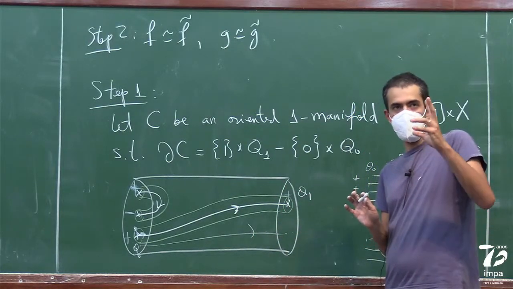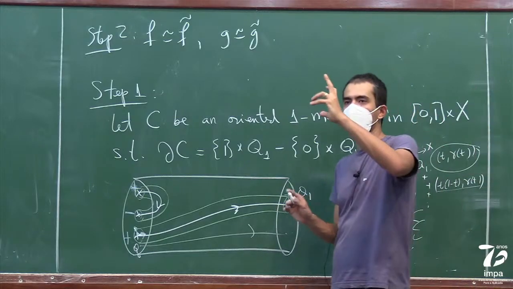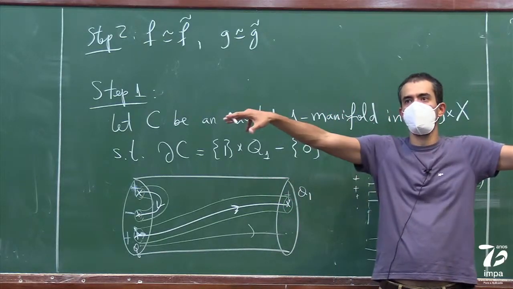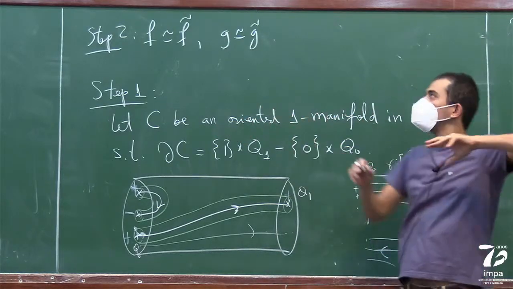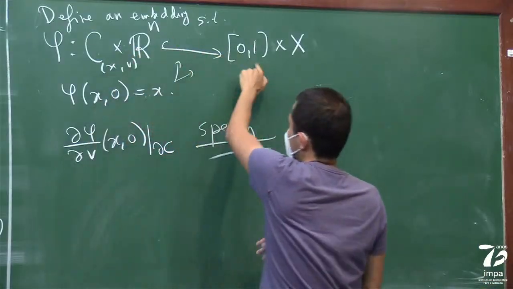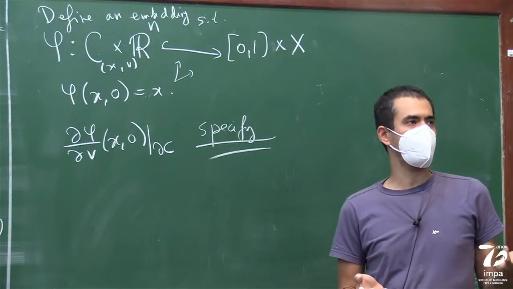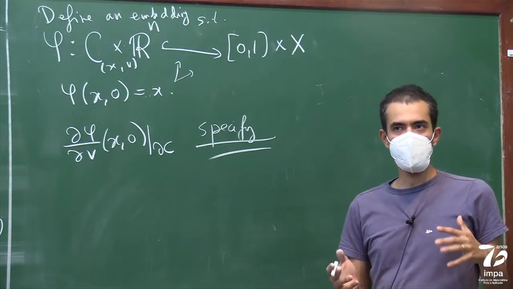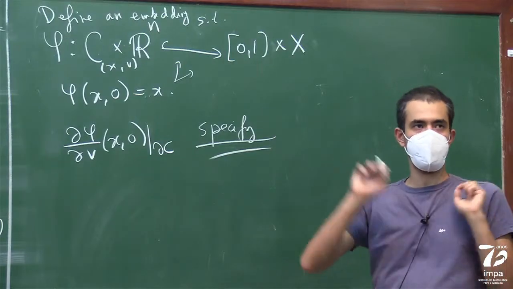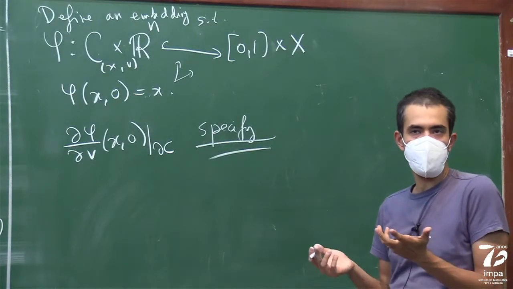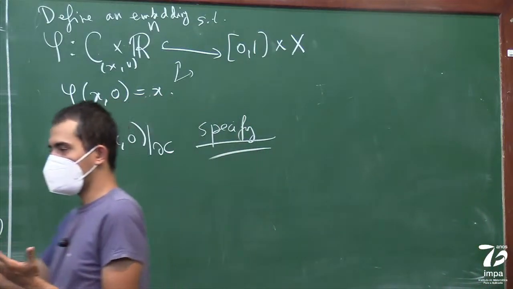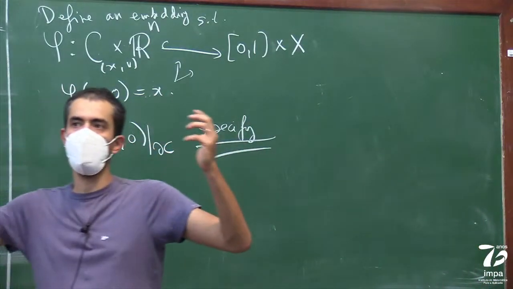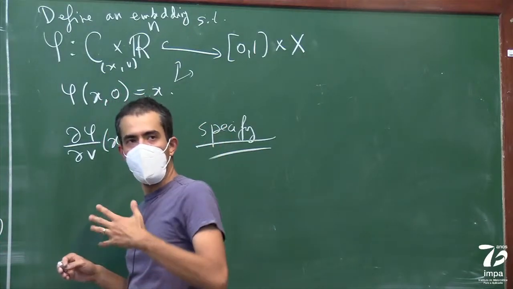Once you have a choice of bases along the path, you can use the exponential map from Riemannian geometry, and the exponential map will give you this embedding of this guy into here. I don't know if everybody knows the exponential map, but it is just what happens when you take the geodesic. If you don't know about exponential maps, think of all your manifolds as embedded into some Rn for very large n, with some tangent space there.